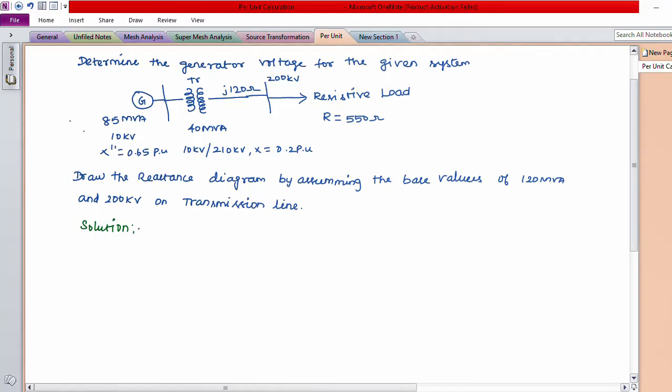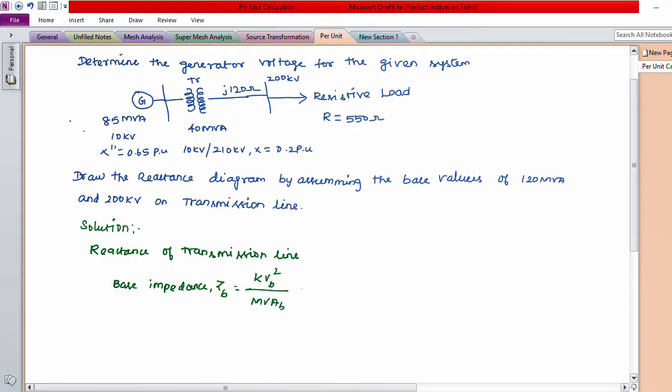So first one is reactance of transmission line. So when we go for reactance of transmission line, first we have to determine the base impedance. So the formula for base impedance is ZB equal to KVB squared divided by MVAB.